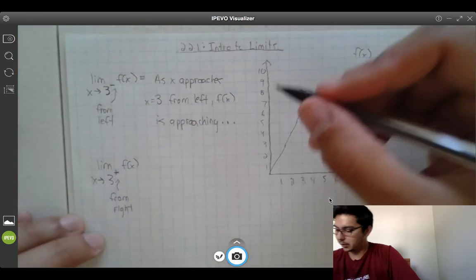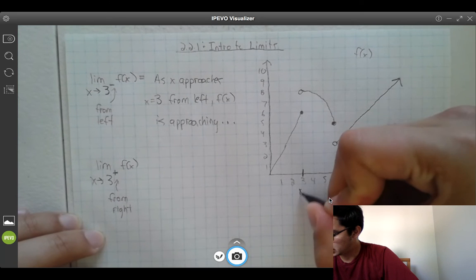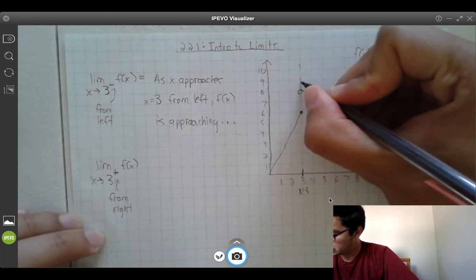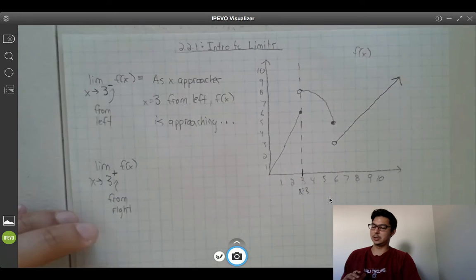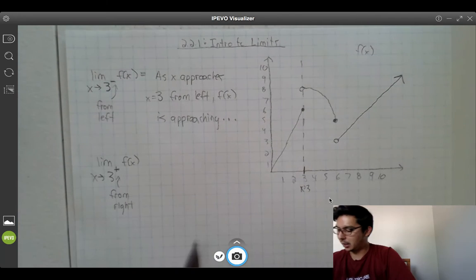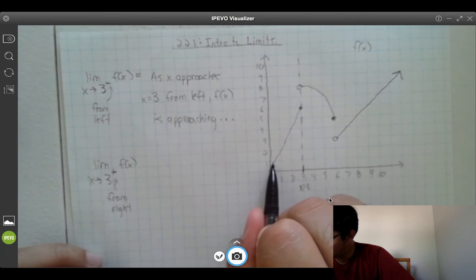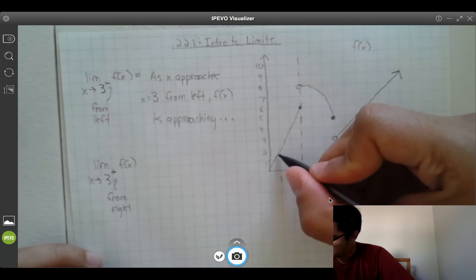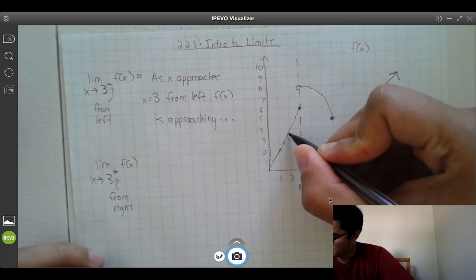So if we look at this graph, x equals 3 is right here. I'll make a little dotted line here to help you visualize this entire line. So you're saying as you approach from the left, that means you're on the curve still, and you're coming from the left side. As I travel along this curve, where am I approaching?